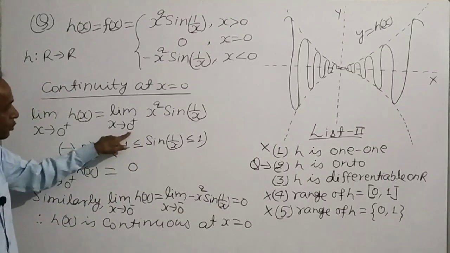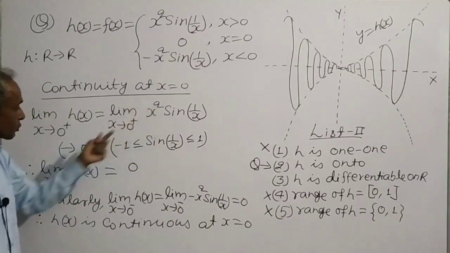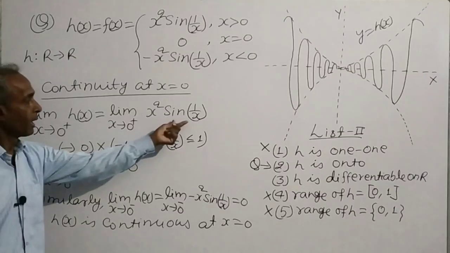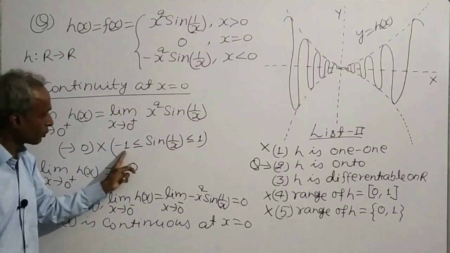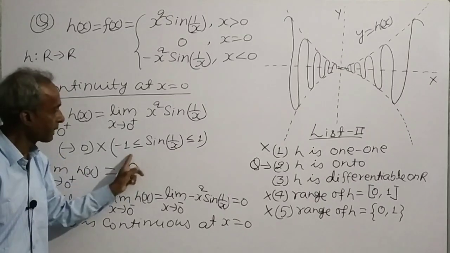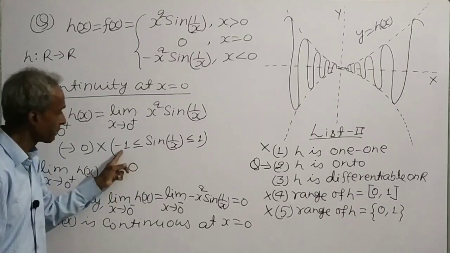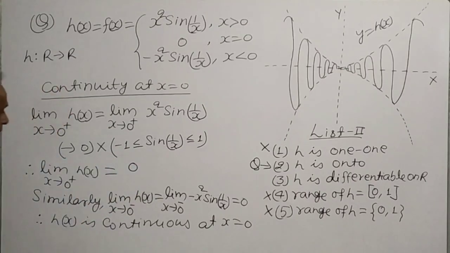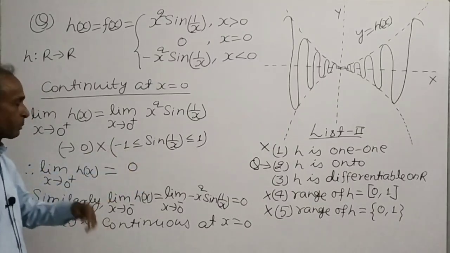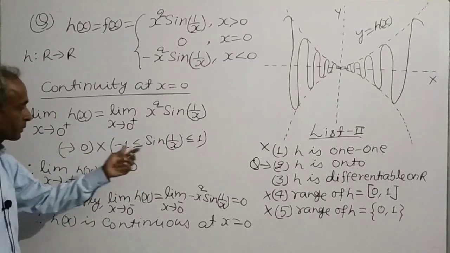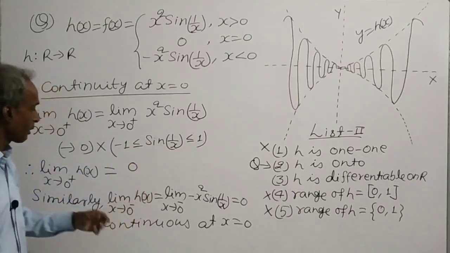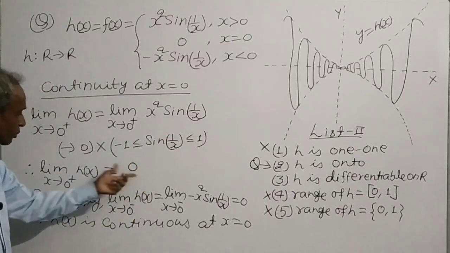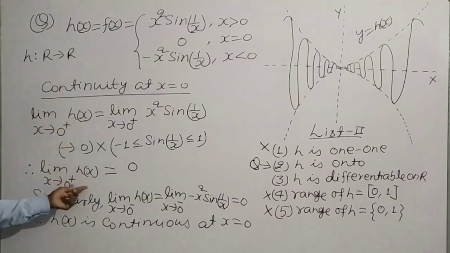When x tends to 0, then this x squared tends to 0, and sine 1 by x fluctuates between -1 and 1, oscillating between these two numbers. This is not an indeterminate form; it tends to 0 times numbers lying between these two finite numbers, which will be equal to 0. Therefore, the right-hand limit will be 0.